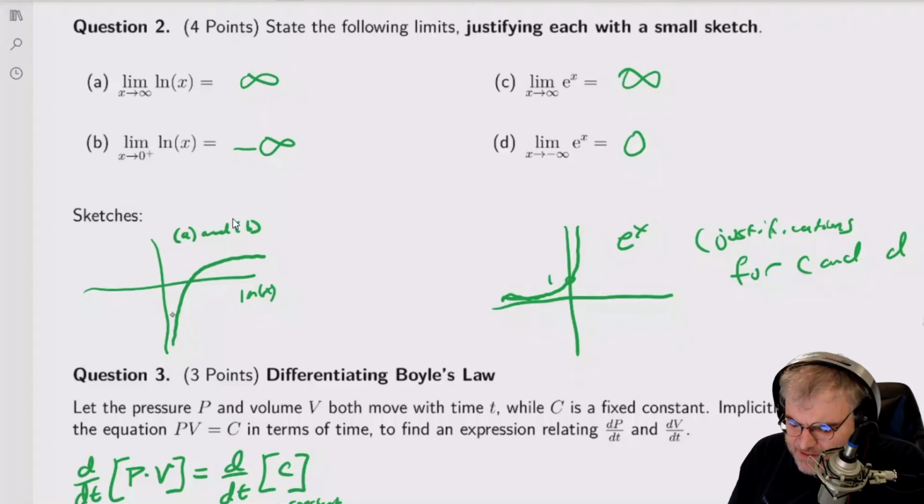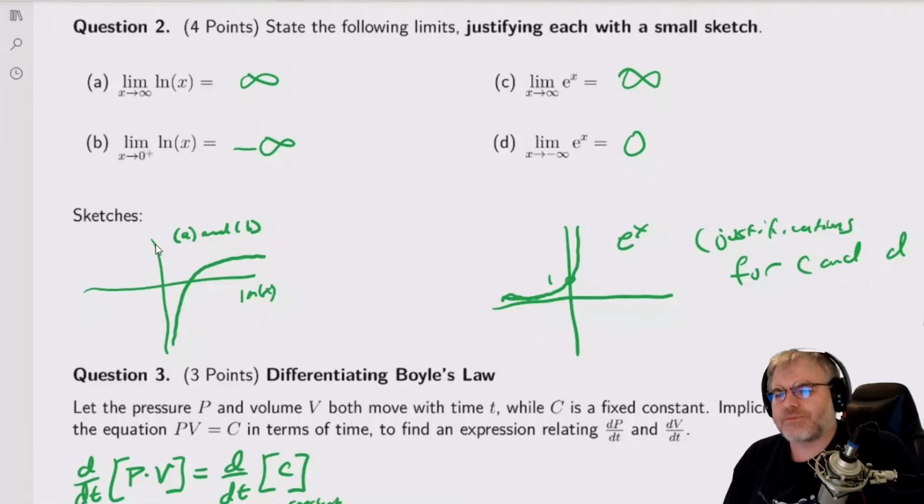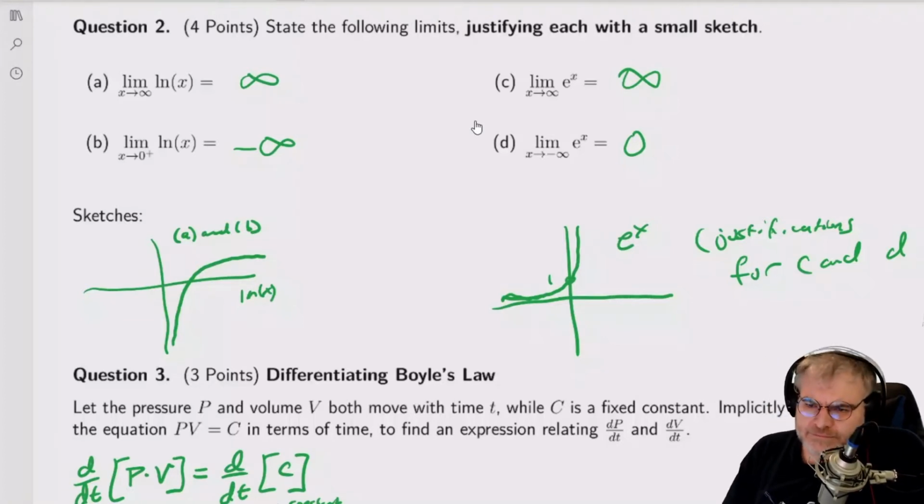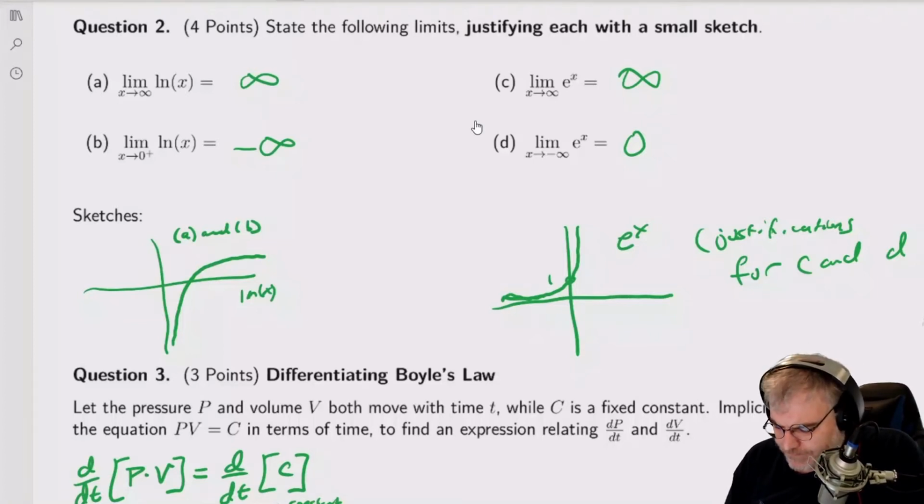And then as I go to 0 from the right, it goes down to negative infinity. And then e to the x, as I go off to infinity, it's infinity. But as I go to negative infinity, it's 0. So how do we feel 1 to 5 about that one? The idea was to just jump on Desmos and graph it for yourself.